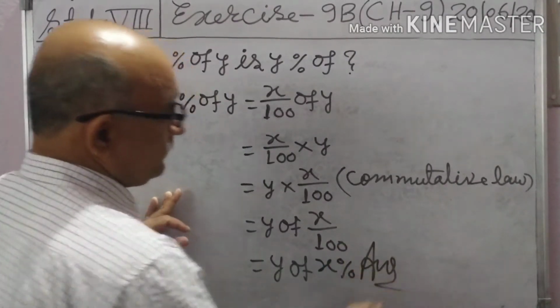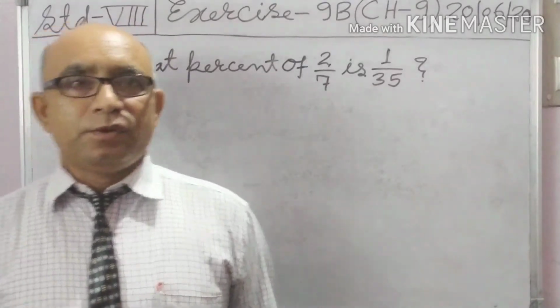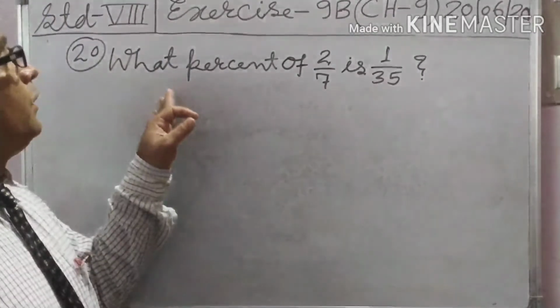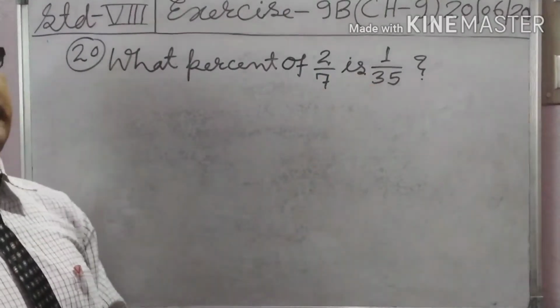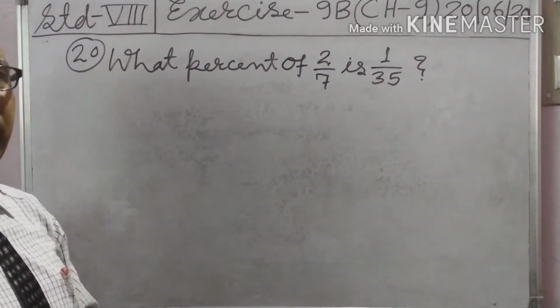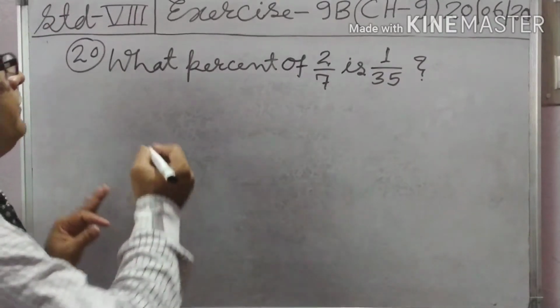Answer. Write it. Students, last question is question number 20. What percent of 2 by 7 is 1 by 35?